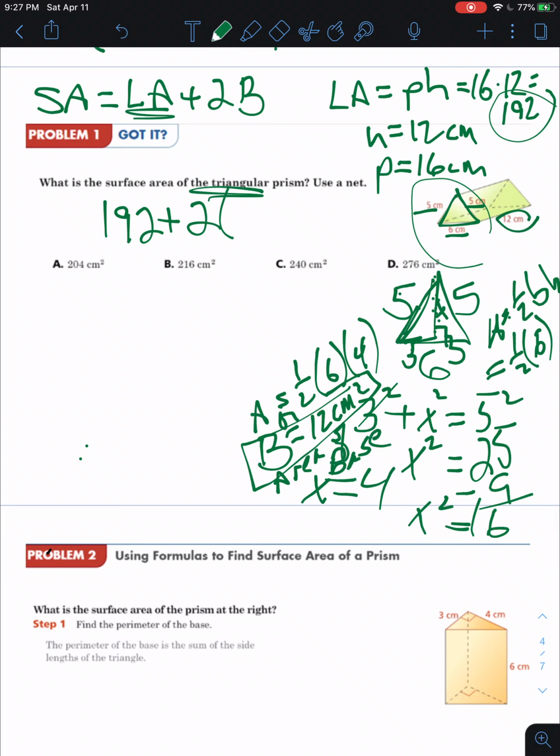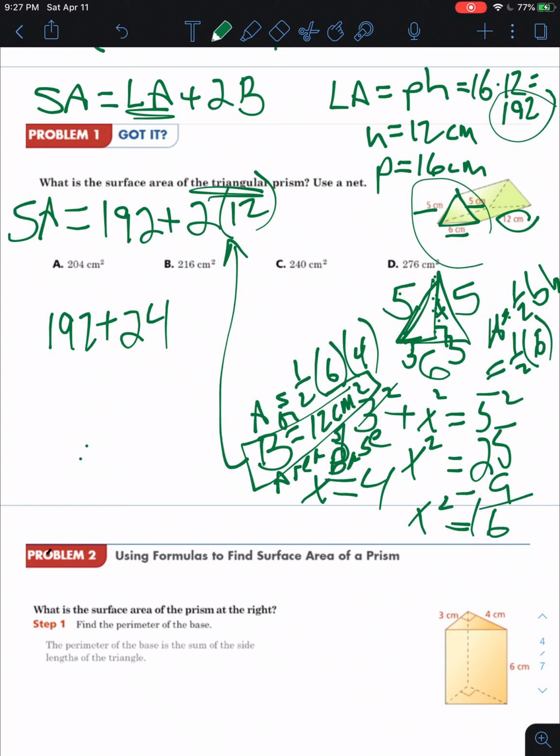I'm going to go ahead and put capital B there. Well, the surface area is 192 plus 2 times 12. You know that 2 times 12 is 24. So we would take our 192 and add 24 to it. And that's going to give me a total of 216, which is choice B. Okay, so the surface area is B.